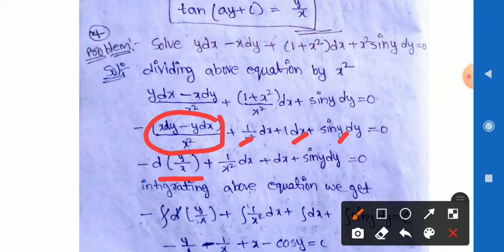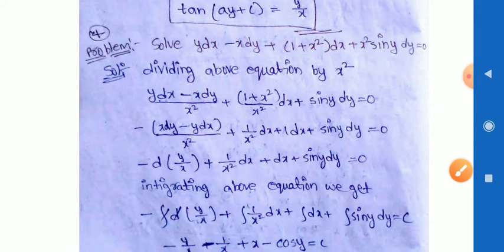By seeing the integrating factor formulas, x dy minus y dx by x square can be written as d of y by x. Now writing minus d of y by x plus 1 by x square dx plus dx plus sin y dy.